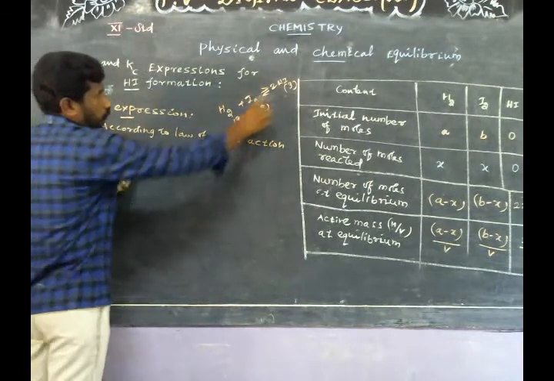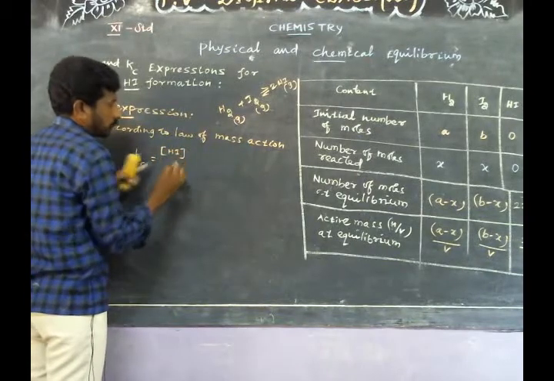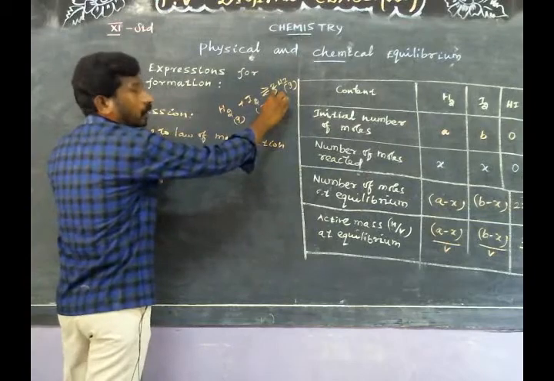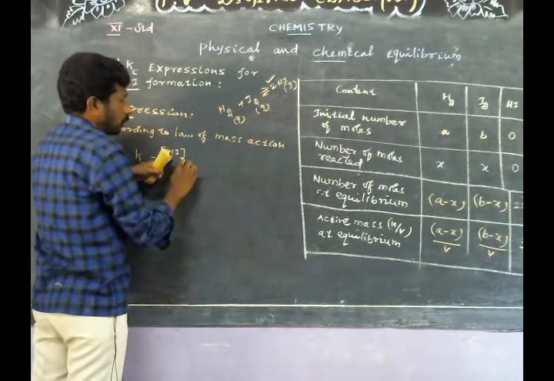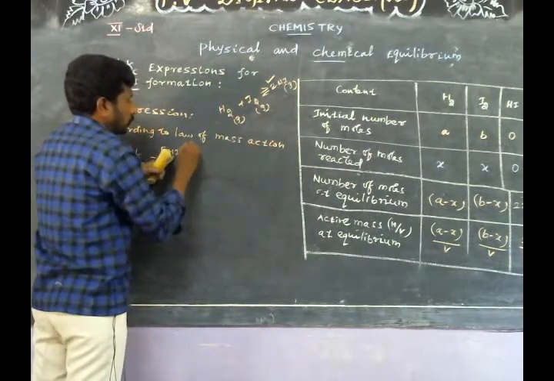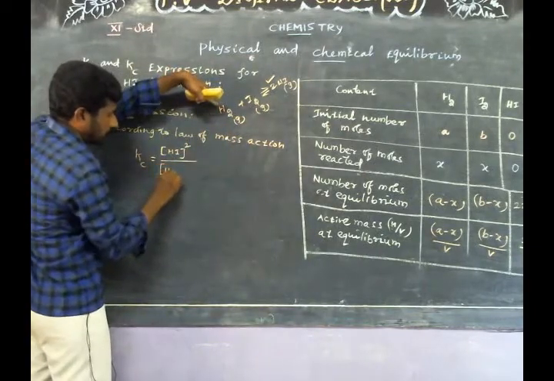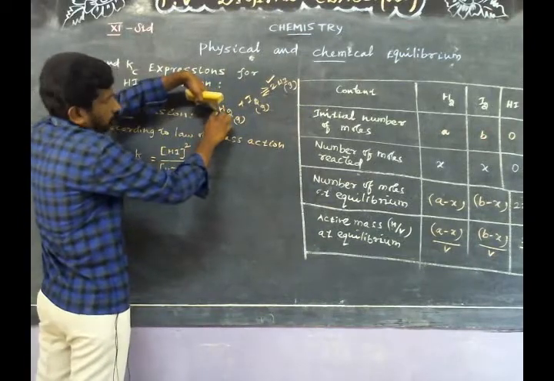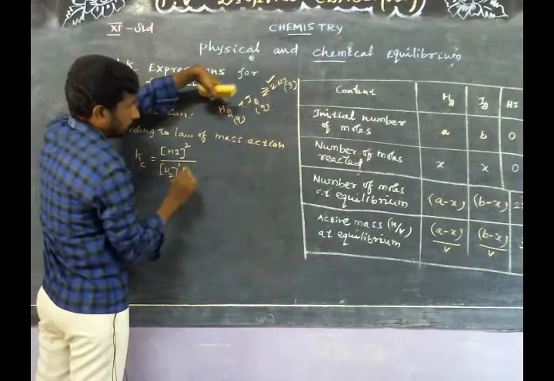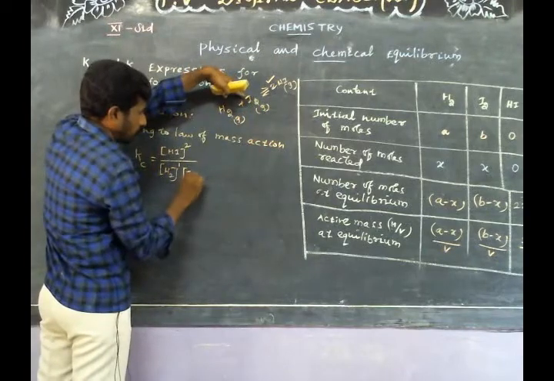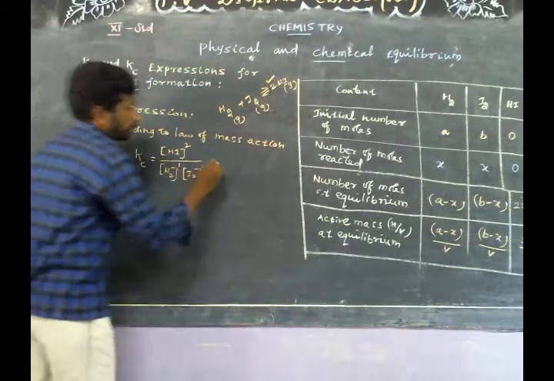Kc is equal to active mass of hydrogen iodide raised to its stoichiometric coefficient divided by active mass of hydrogen raised to its stoichiometric coefficient into active mass of iodine raised to its stoichiometric coefficient. This is equation number 1.